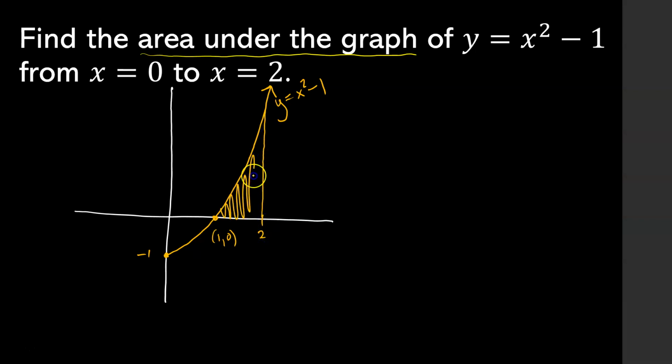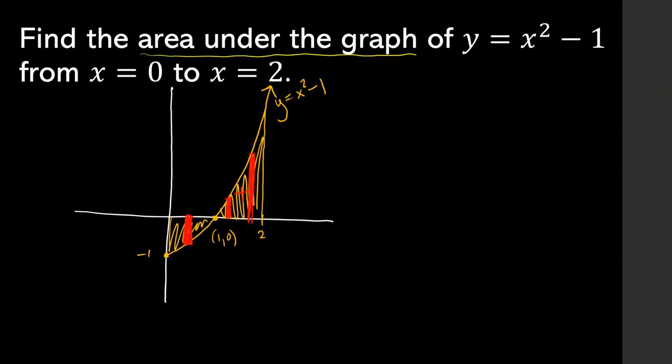We want this area and this area, except because we're told area under the graph, this area here is going to count as positive since each rectangle would have a positive height and a positive width. Each rectangle in this region would have a positive width but a negative height. So this is a pretty easy integral to write.